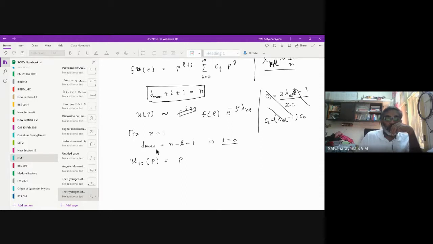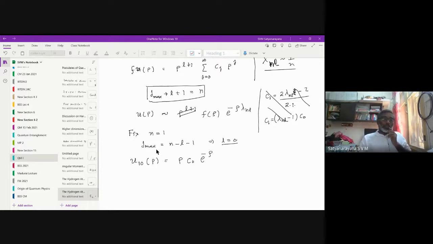So that is rho into C0, there is some C0 into j equal to just j equal to 0, C1 is anyway 0. So that means that is just C0 from this f of rho term, and then e to the minus rho. So this is the wave function.